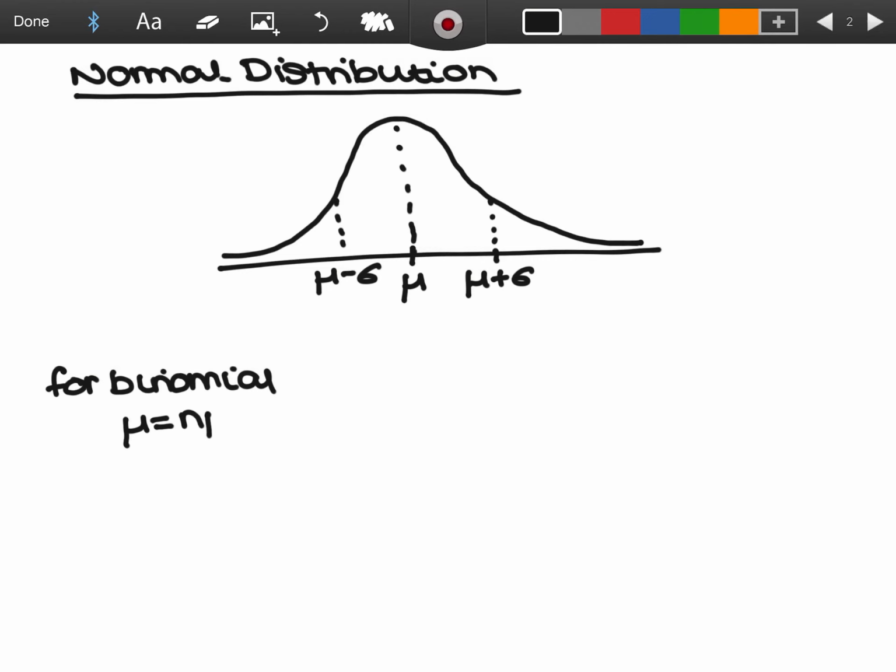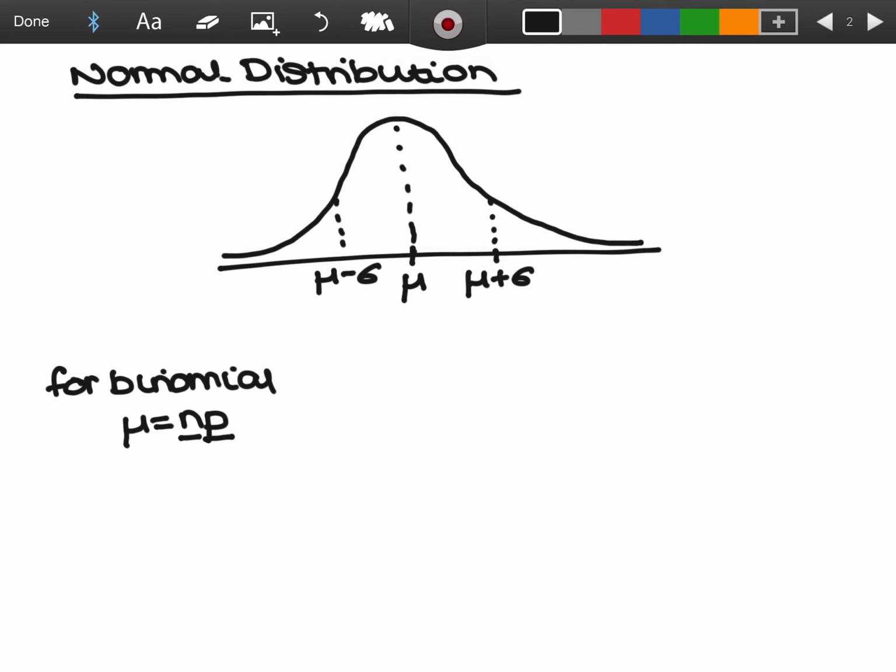So the mean was n times p, the number of trials multiplied by the probability of success. It was kind of like our expected number of successes, the number of trials multiplied by the probability of success in any one of those trials. So it tells us how many successes we expect to have.